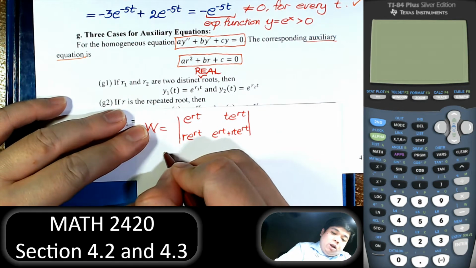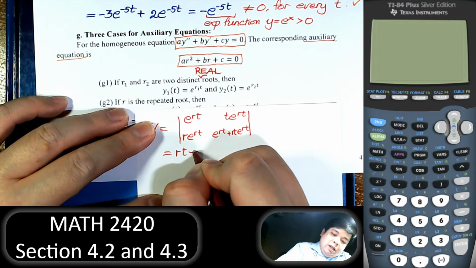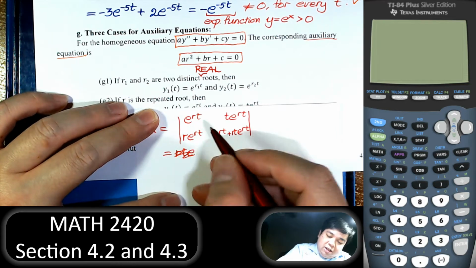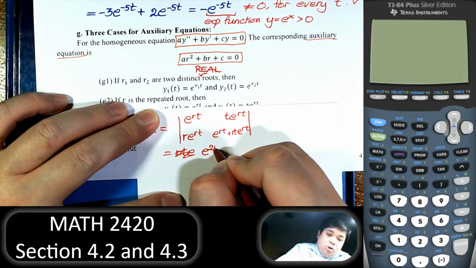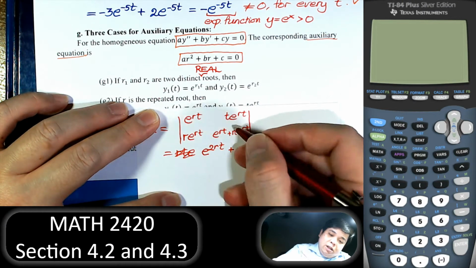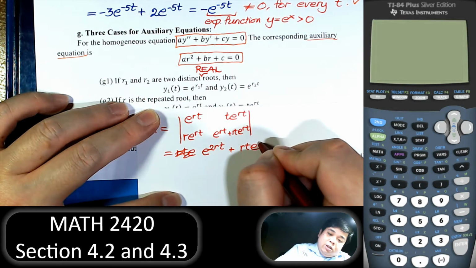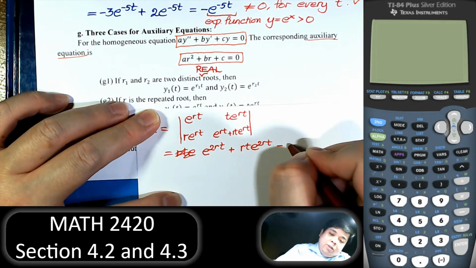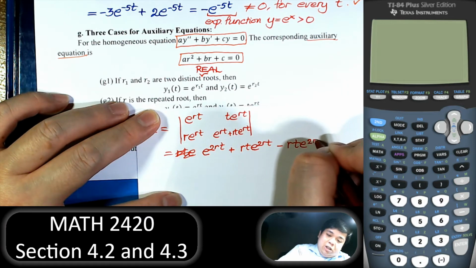Right, cross multiplying, we will have that times that, e to the rt squared, or e to the 2rt, times that, plus rt e to the 2rt, subtract the other one, rt e to the 2rt.